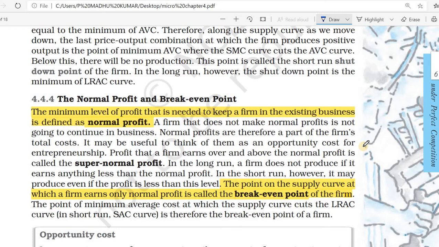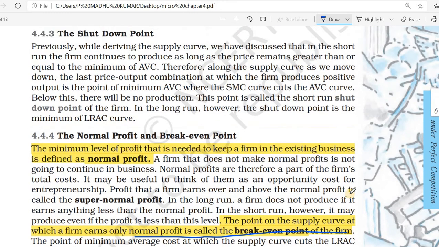In the long run a firm does not produce at less than the normal profit. It's very difficult, but in the short run sometimes they will produce at less than the normal profit also. The point on the supply curve at which a firm earns only a normal profit is called the break-even point of the firm.